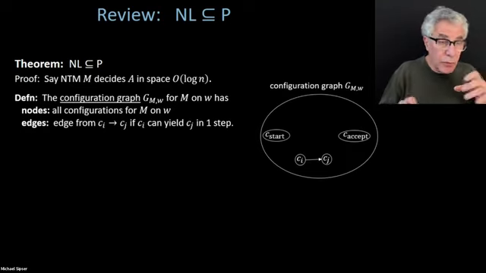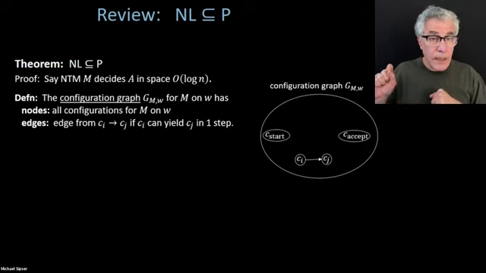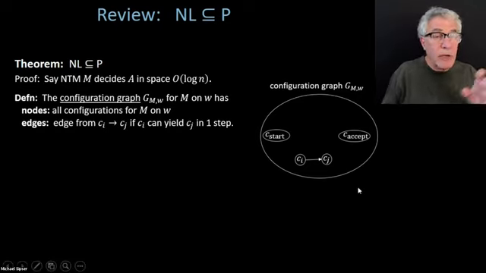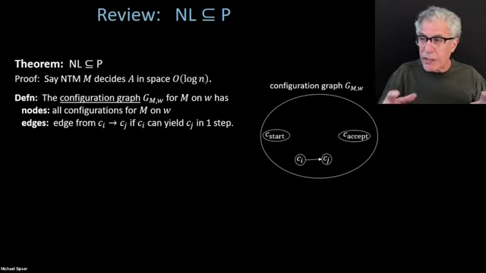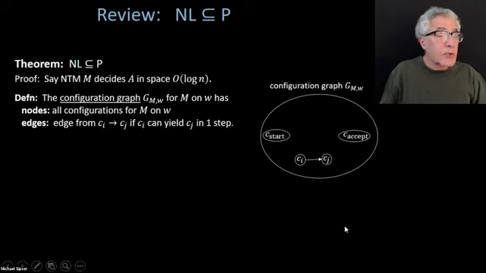And the key idea, which is going to come up in a later theorem, so it's good to understand it not only here but for the next theorem that's coming, is the notion of a configuration graph. I was thinking about calling it a computation graph, but on further reflection, I think configuration graph is the more suggestive term. So let's stick with that.